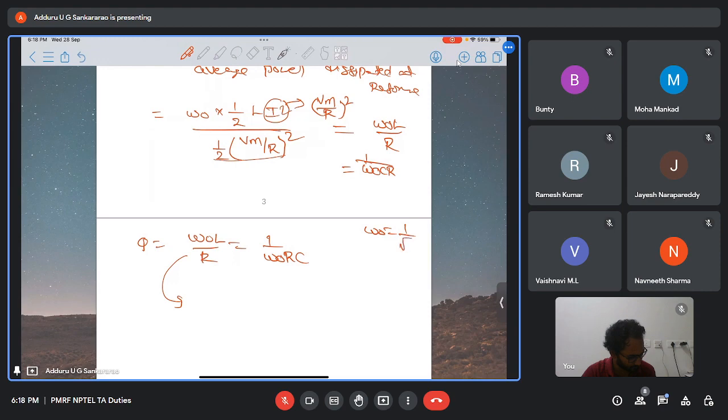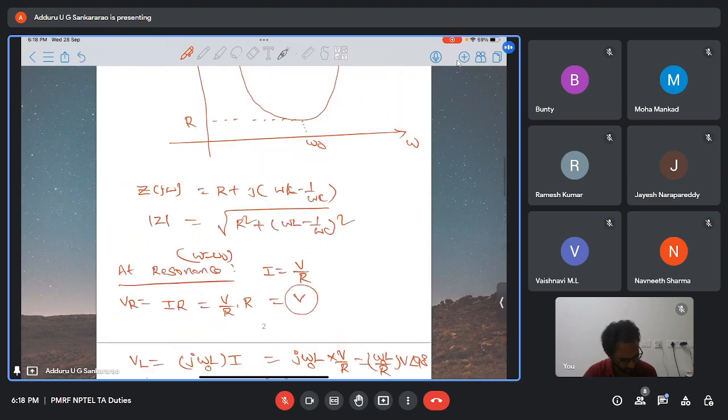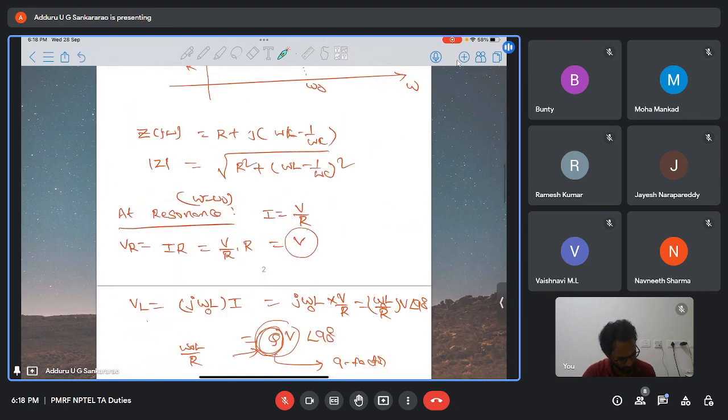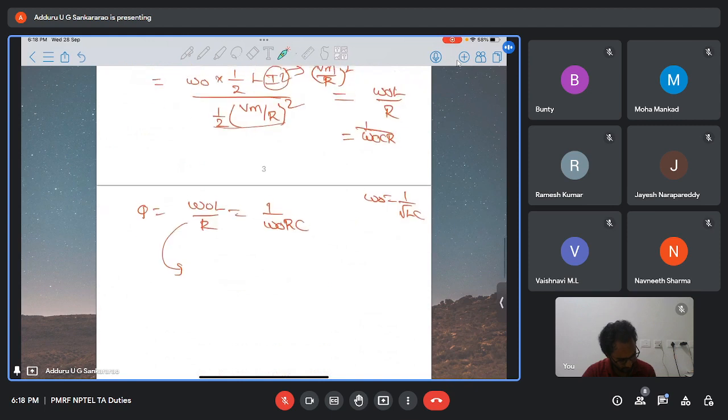Yes, at omega naught, the impedance of inductor and impedance of capacitor are both the same, so resonant frequency omega naught is 1 by root LC. If I replace omega naught with 1 by root LC, what I get is Q as 1 by R root of L by C. This is also Q.